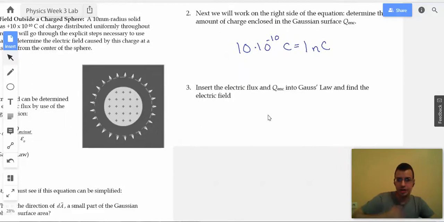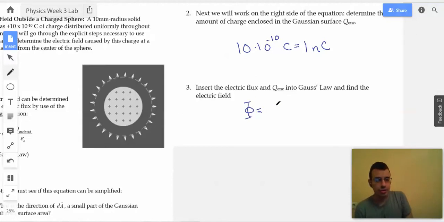Insert the electric flux and Q enclosed into Gauss's law and find the electric field. So flux equals Q enclosed over epsilon naught equals the surface integral of E dot dA.